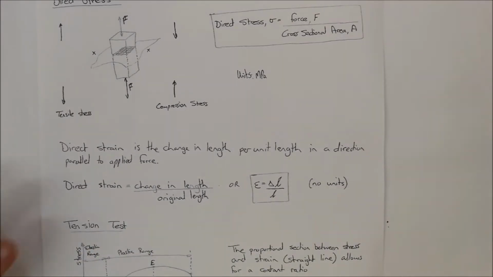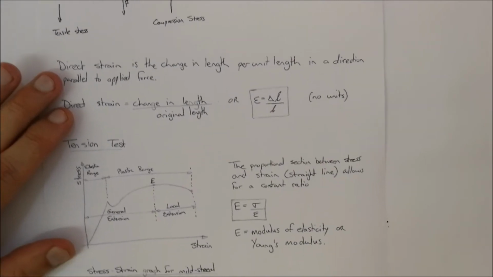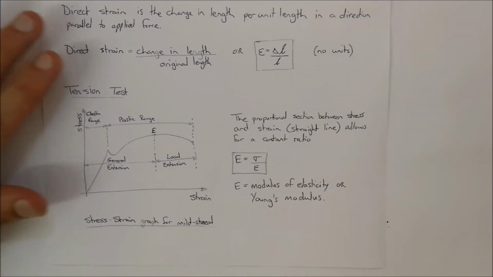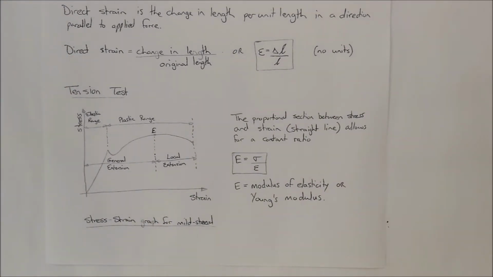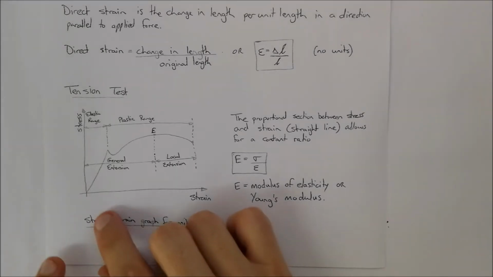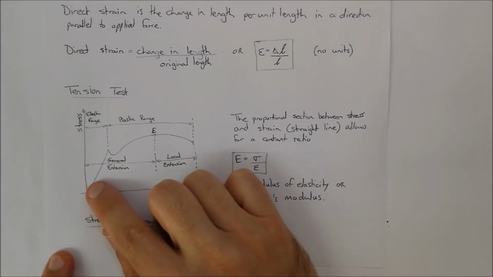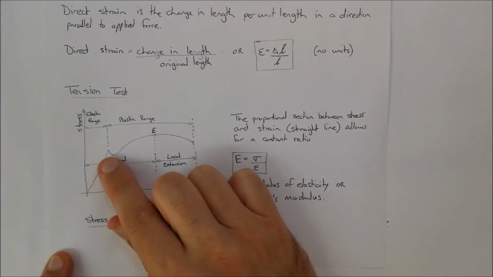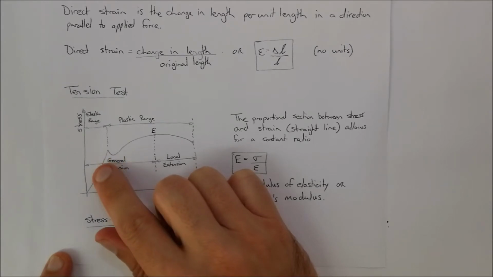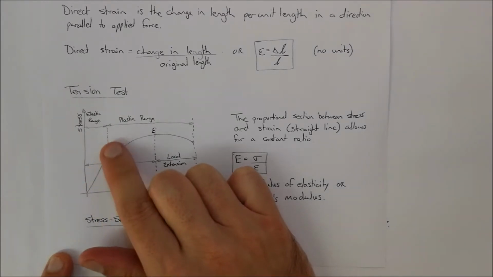Tensile tests are usually done as follows: you take a piece of material and apply a tensile load to it, so you start pulling it apart. As you saw with the plastic, it will start getting longer and longer, and that would be your elastic range.